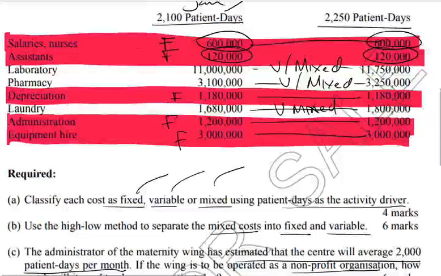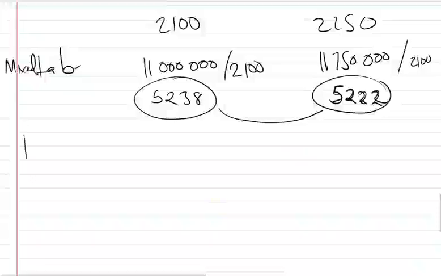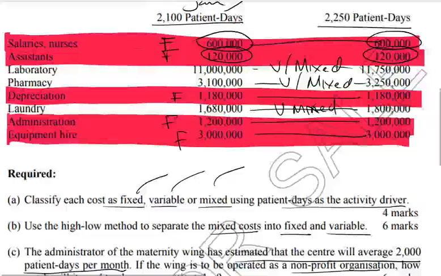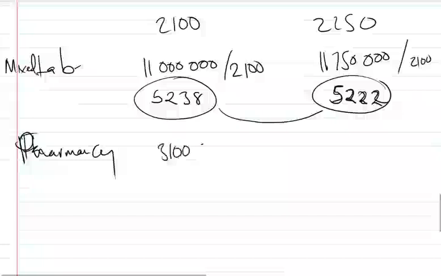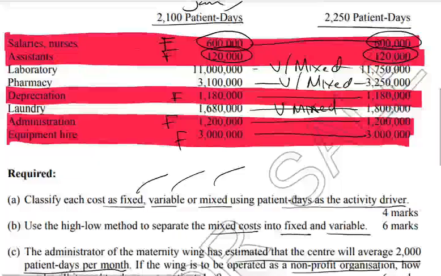We'll go to the second one, pharmacy. So we have 3,100 divided by 2.1, and we have 3,250.